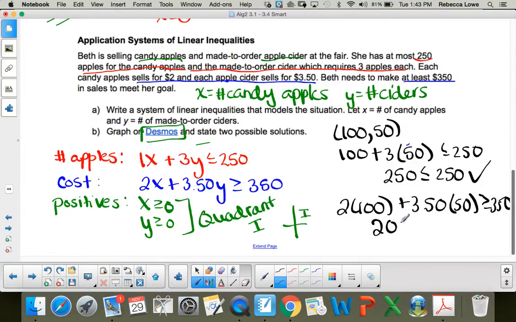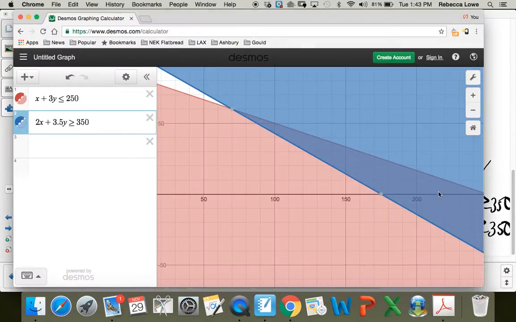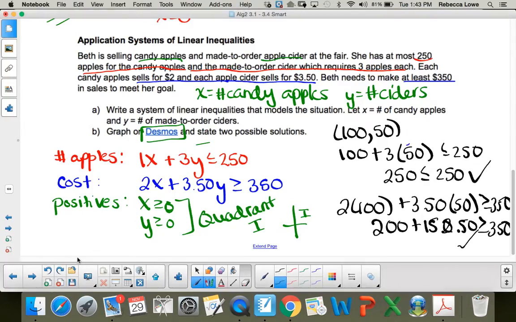That would be 200 plus 150, which is 350. That is indeed greater than or equal to 350. So this is a possible test point, and this is a possible solution. Any point in this region is considered a solution, a combination of number of ciders and apples. So that's a linear application.